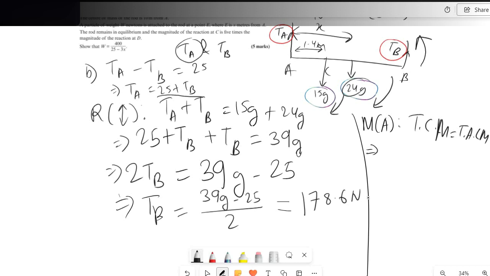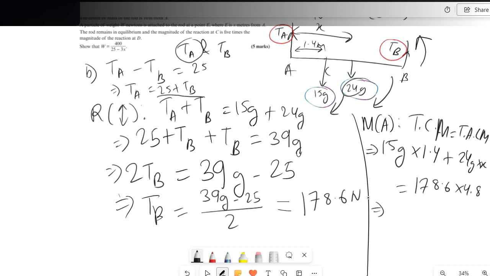So we can say that 15g multiplied by the perpendicular distance from the pivot, which is 1.4, plus 24g multiplied by x, which is the distance that we don't know, is equal to the tension at B, which is 178.6, multiplied by the perpendicular distance, which is 4.8 meters.